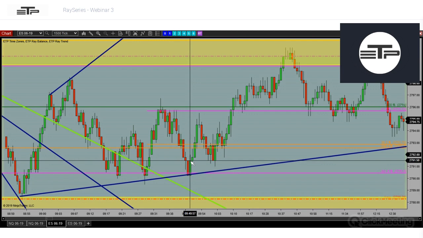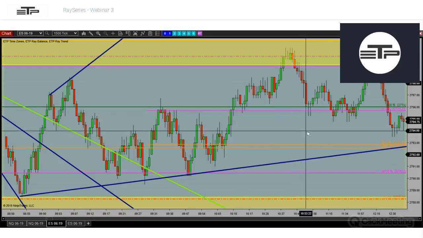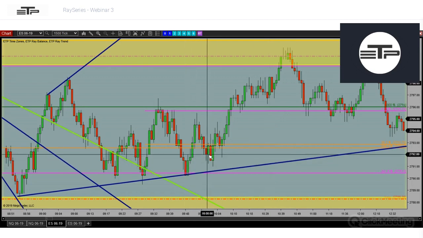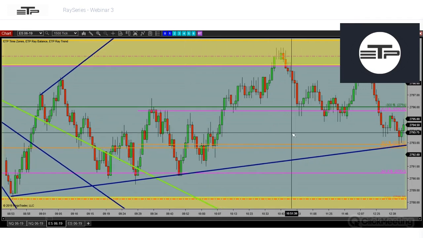So it's literally just a higher time frame wick. If this had a 3,000 tick, that would have definitely been a wick easily.